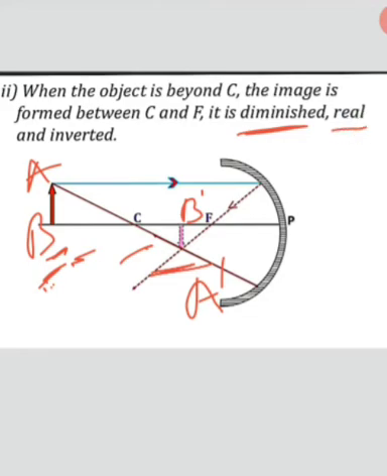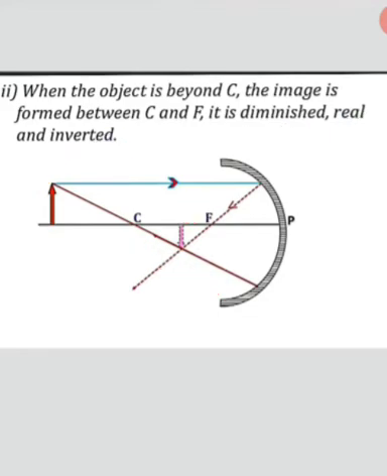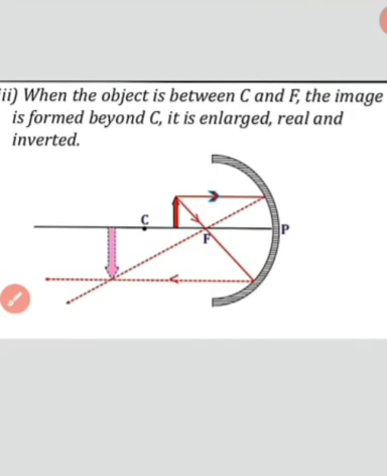Its nature will also be real and inverted. Next is, if an object is placed between C and F, here you can find that if AB is behaving as an object between C and F, its image is formed beyond C, and now the size will be enlarged, and the nature will again be real and inverted.